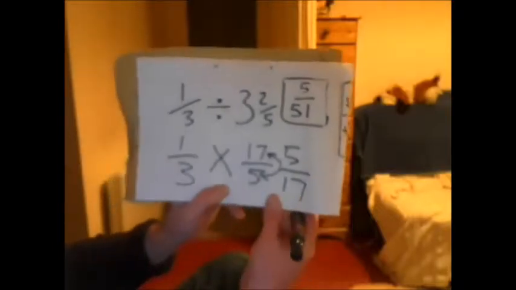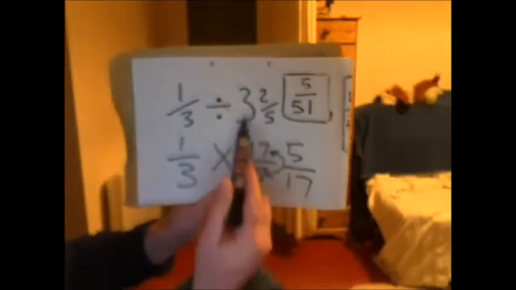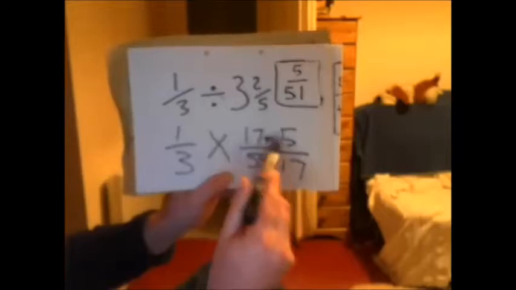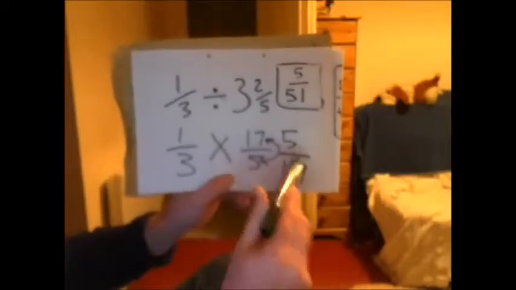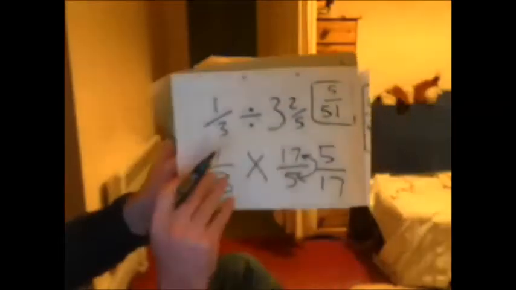Simple case. Once you've turned it into an improper fraction, is to change them around. Okay? And that gives you the same answer, because just like we learned when we were doing long division, you get to the same answer with multiplication as you do with division. Okay?